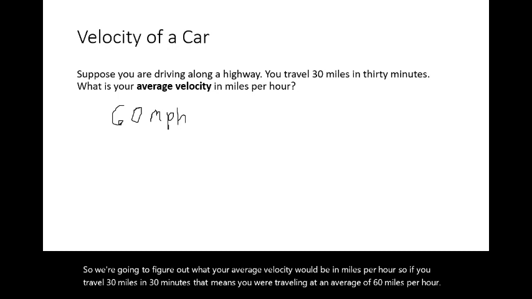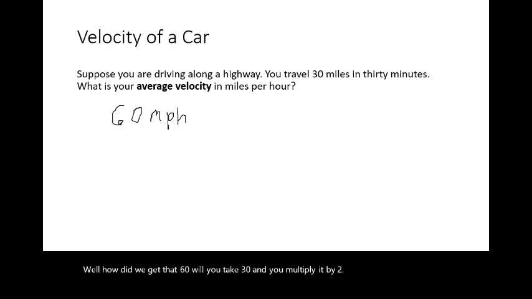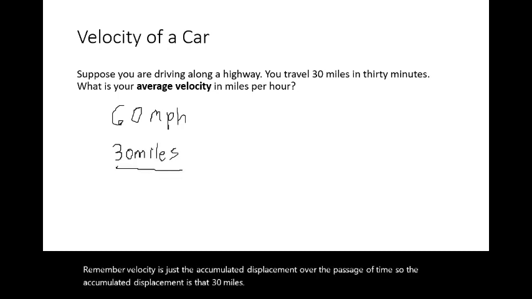Here's another way to get 60 miles per hour. Remember, velocity is just the accumulated displacement over the passage of time. So the accumulated displacement is that 30 miles over the total time that has passed in hours, which is 1/2 hour.